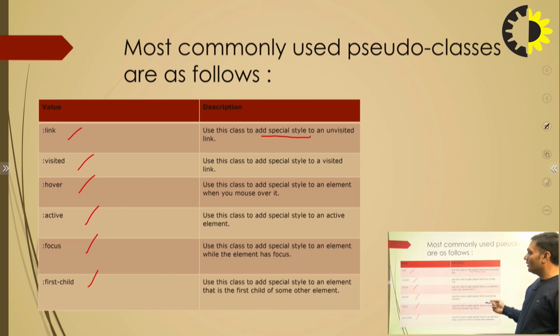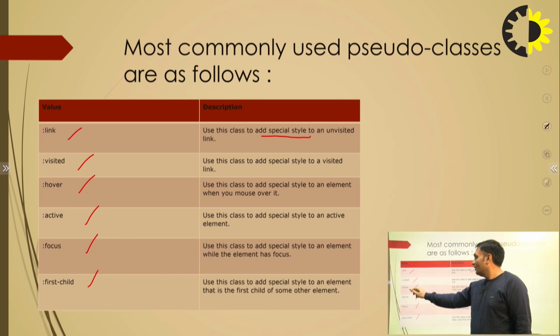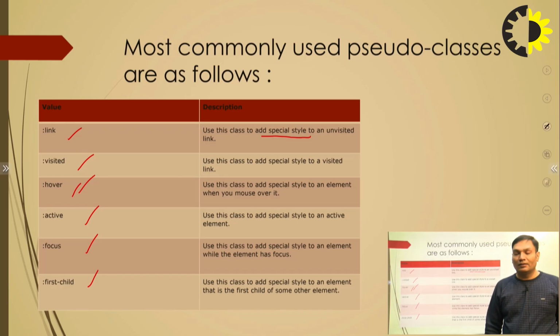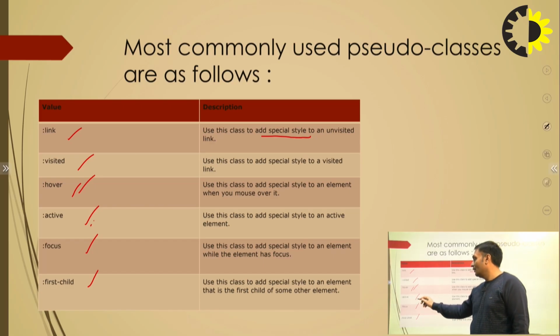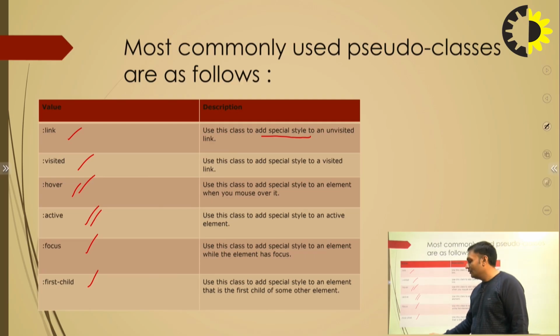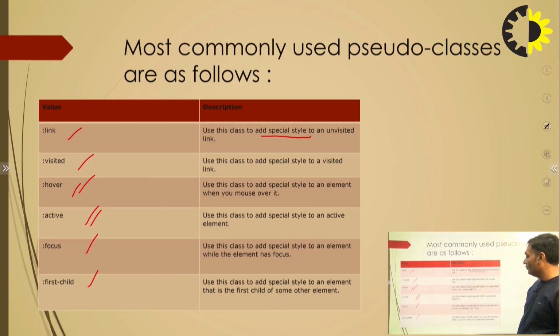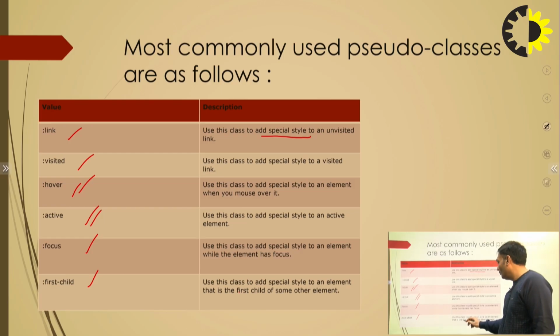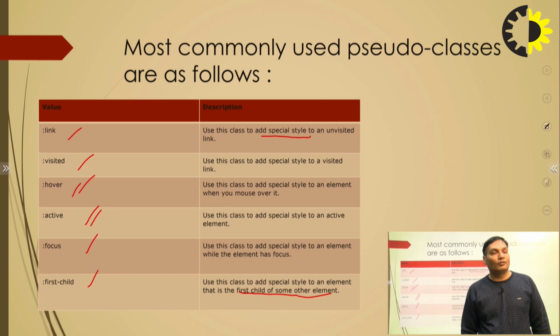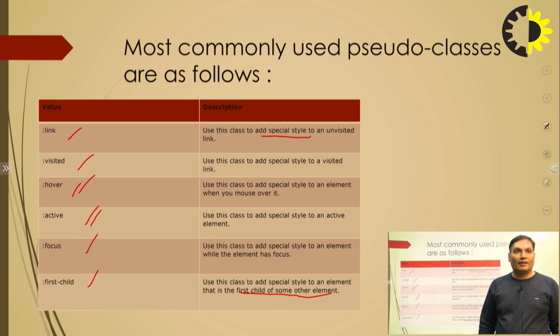If we want to mouse over the link, we can use the hover pseudo-class. If it is active, we can use the active pseudo-class. If it gets focused, we can use the focus pseudo-class, and we can also use the first-child pseudo-class, which adds a special style to an element that is the first child of another element. So these are the possible pseudo-classes that we can style with the help of CSS.